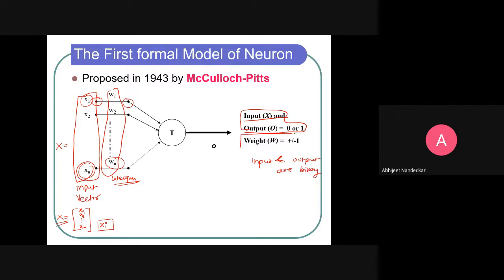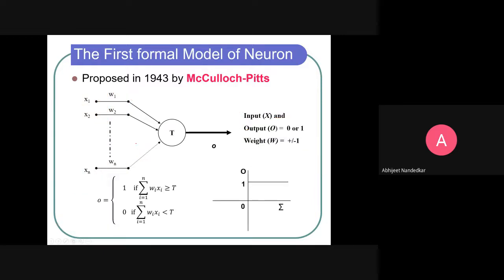Weights can be plus 1 or minus 1. Now what happens, your output O here is equal to 1 when your summation here is greater than or equal to some threshold value. It will be 0 if your sum here is less than the threshold.